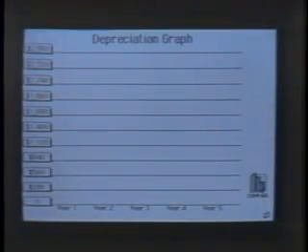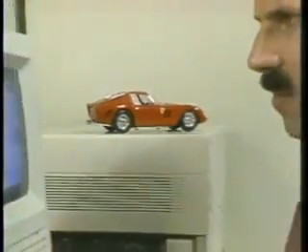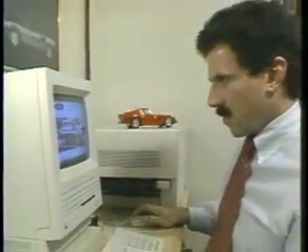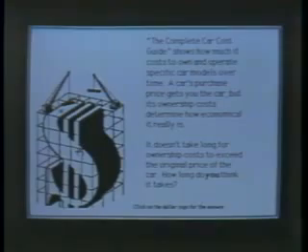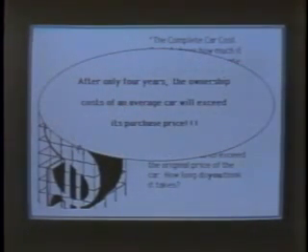Two vehicles may cost the same, but differ sharply in the long term because of depreciation and operating costs. But in spite of individual differences, owning any vehicle is expensive. The opening screen contains a reminder that the first 4 years of ownership will cost more than the original price of the car.